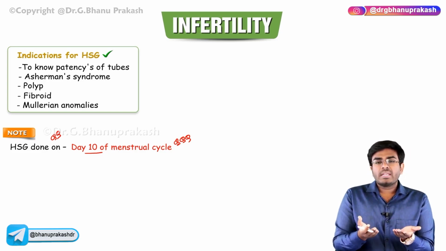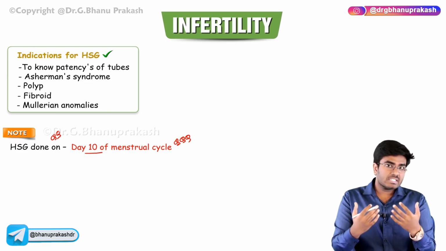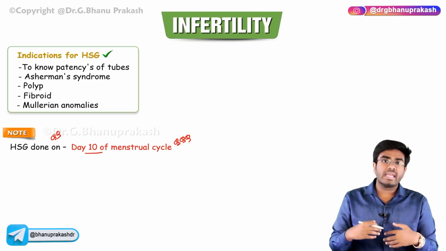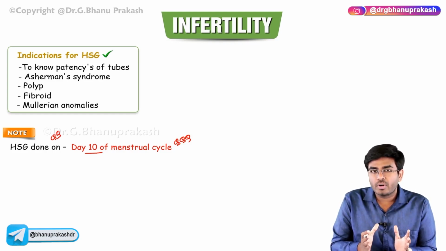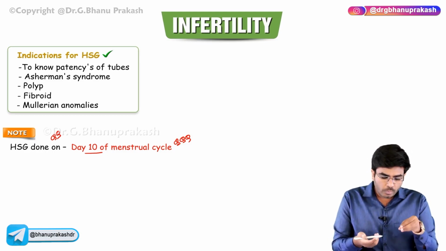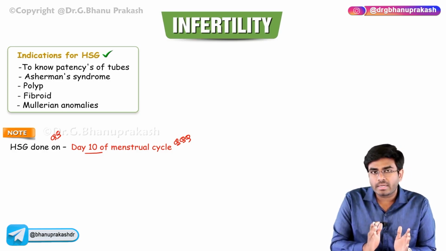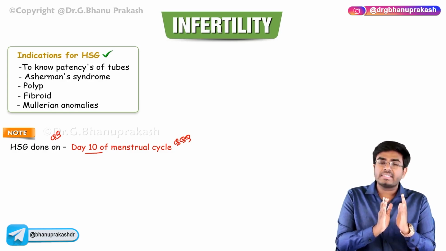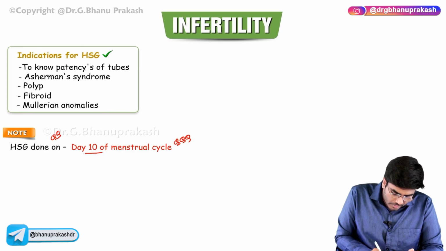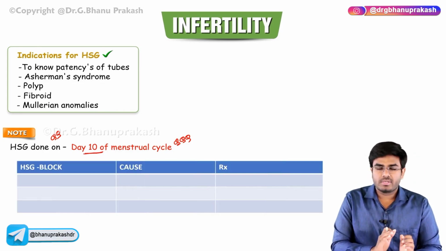So you don't know that she got fertilized this month. She also doesn't know she got fertilized. She is still thinking that she is suffering with infertility. She doesn't know that this cycle she got the embryo fertilized and implanted. She doesn't know and you also don't know. So you perform hysterosalpingography. This hysterosalpingography can disrupt the implanted embryo. So it should always be done in the first half of the menstrual cycle, preferentially on day 10 of the menstrual cycle.